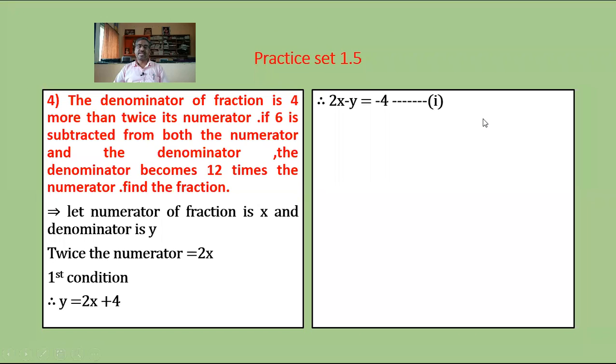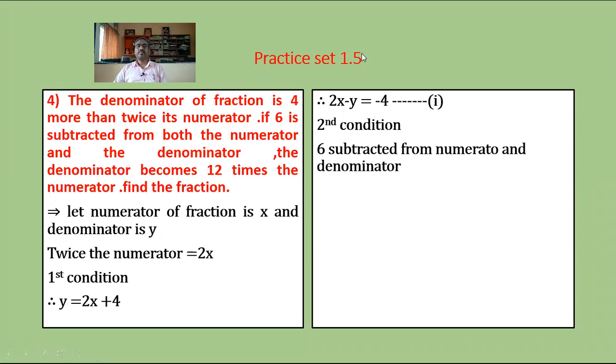Similarly, from the second condition, if 6 is subtracted from both numerator and denominator, the numerator becomes x minus 6 and the denominator becomes y minus 6.